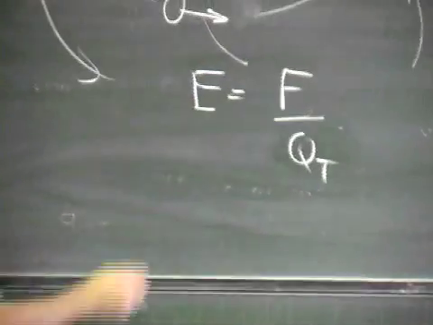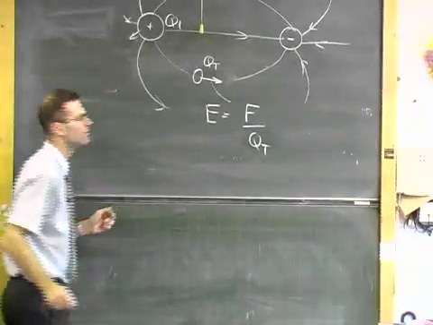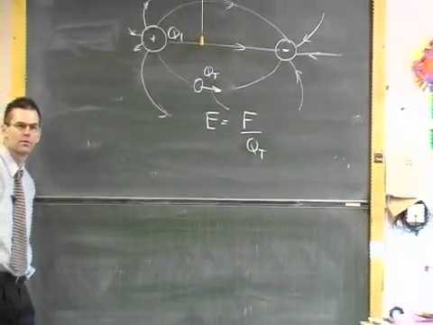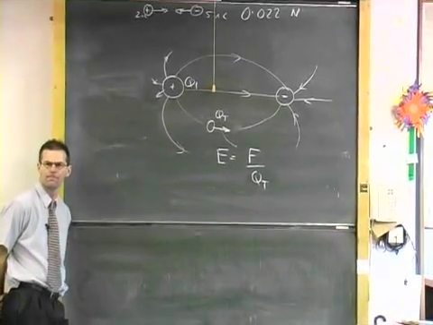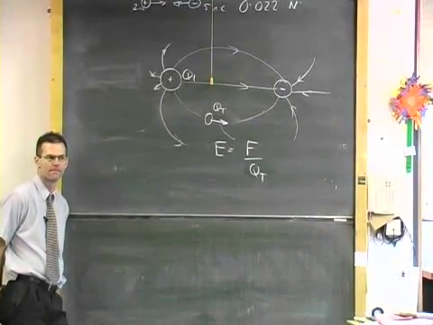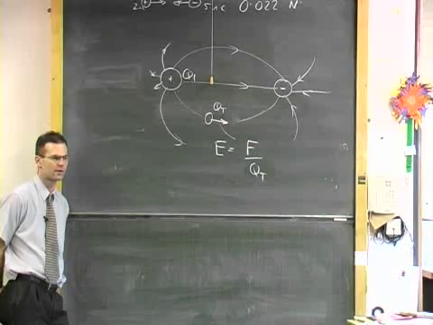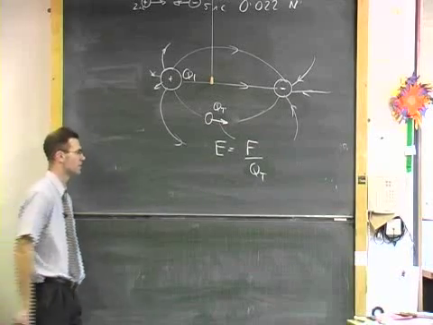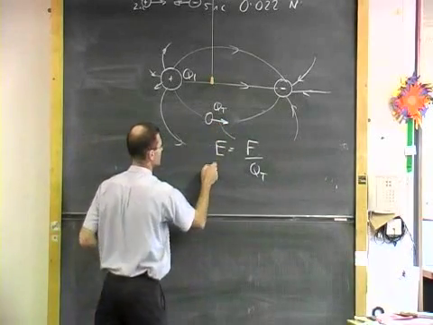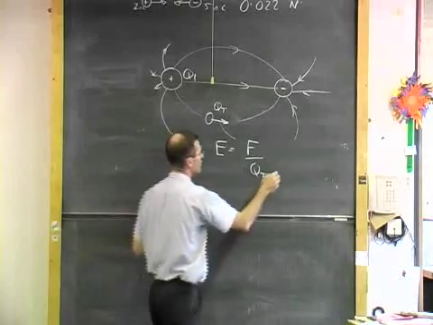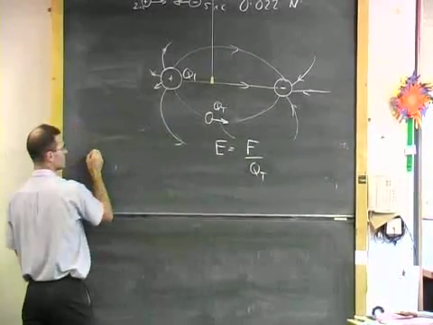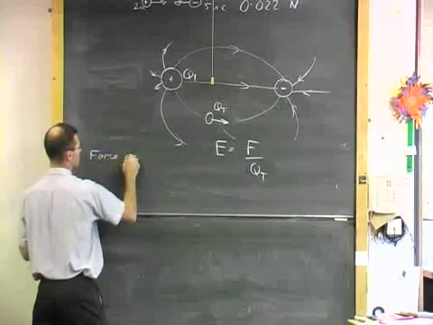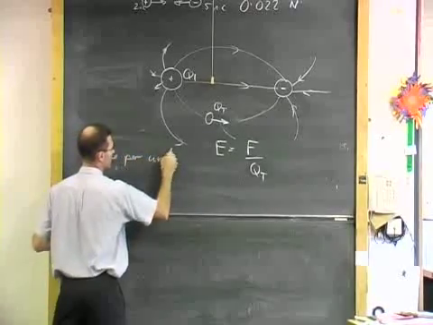So electric field, would you imagine it to be a scalar or a vector quantity? What do you reckon, Aaron? Scalar or vector? Yeah, it's vector because it's got direction. We attribute it to having a direction. So the electric field is defined as being the force per unit charge.